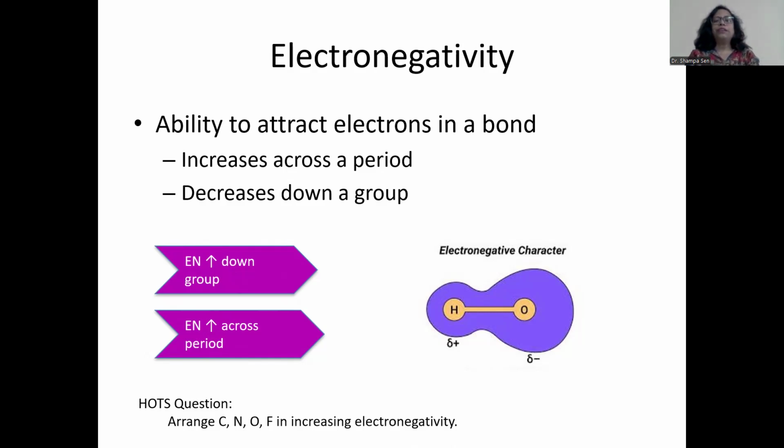Electronegative character means, let me explain a little bit more. When two atoms are bonded together by a covalent bond, they share one electron each with each other. Both partners should own the electron pair similarly. But if one of them has higher electronegativity, then that nucleus will have more power over the shared electron pair.